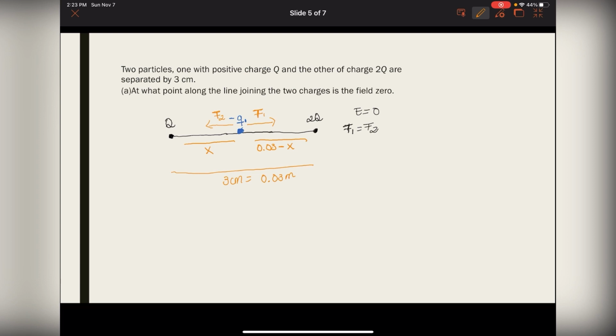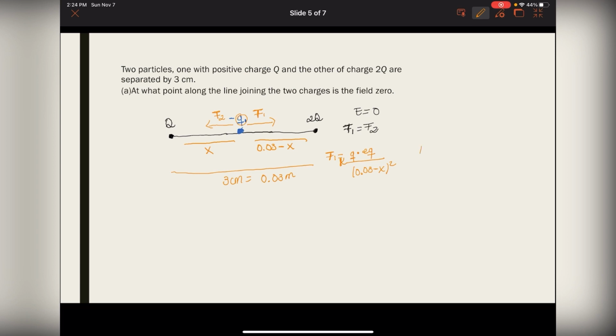And we can express the magnitude of the forces using Coulomb's law. So F1 will be equal to Q times 2Q divided by the distance between them, 0.03 minus x squared. Don't forget the K constant.